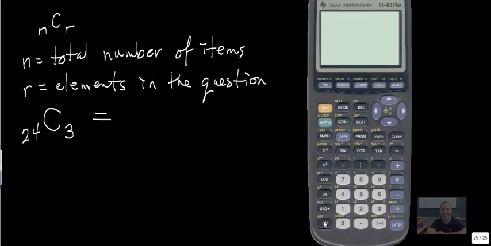If you're using a graphing calculator like mine, it's a little bit different. You have to go to math, I think, and probability. Yeah, you see how you have NCR? So this is what's going to have to happen. You have to put in 24, and then you should have a second function.